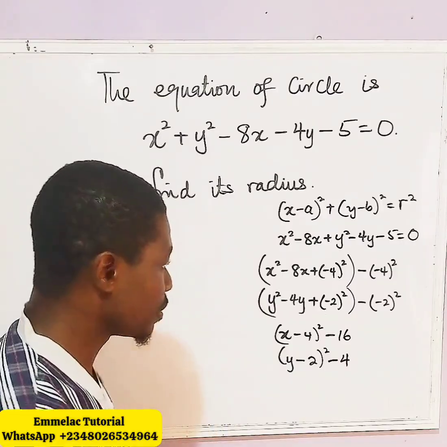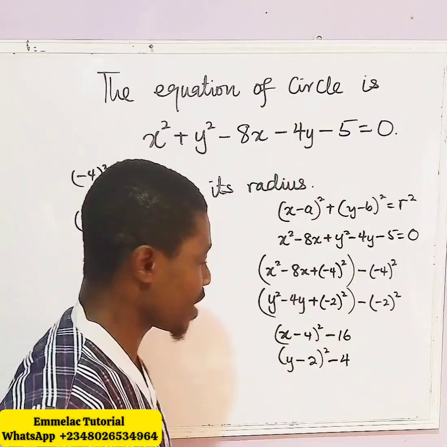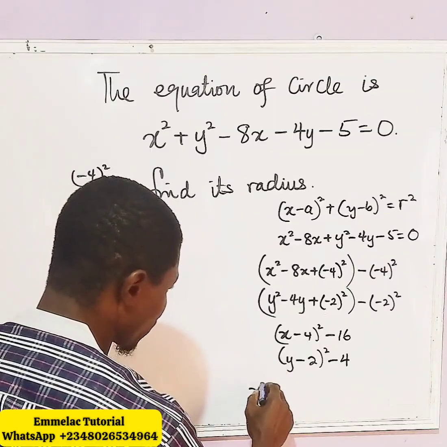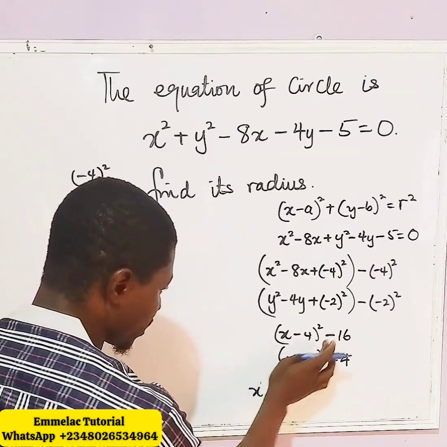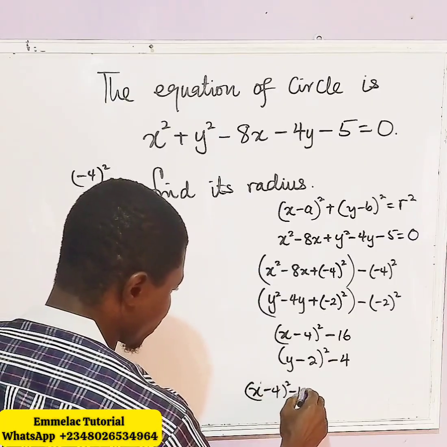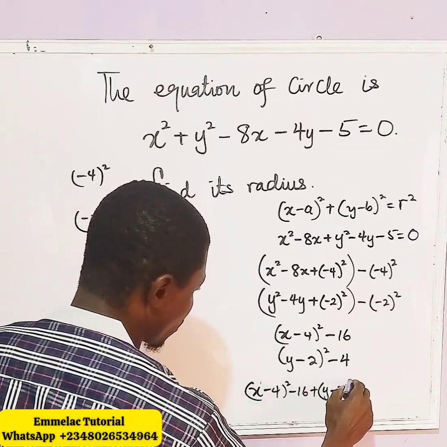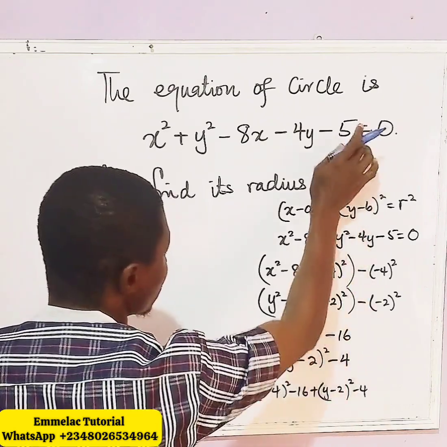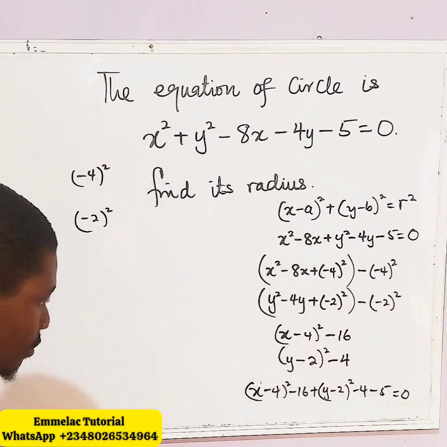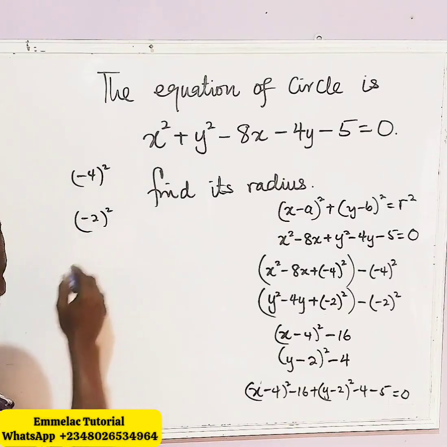All we now need to do is to sum this. Take note of our negative 5 here. So here we have x minus 4 all squared minus 16, then plus y minus 2 all squared minus 4, then minus 5 equals 0. Let us write it in a way that's clearer.